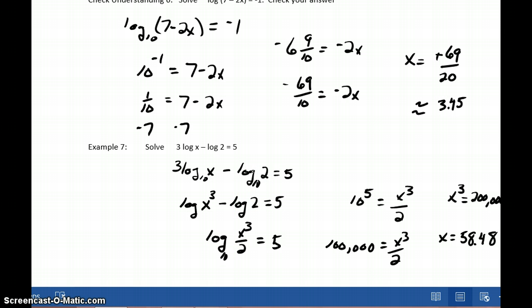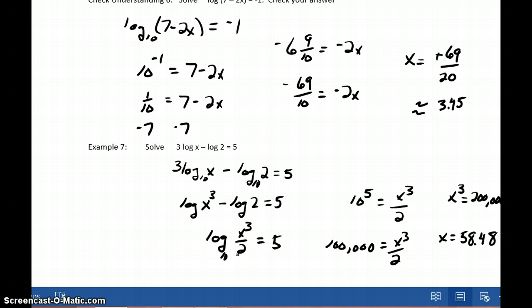Using our log rules, I can see that I am subtracting the two logarithms. So again, using the log rules, that subtract means I can divide x cubed by 2 and just write it as a single logarithm. So now I've got log base 10 of x cubed over 2 equals 5.